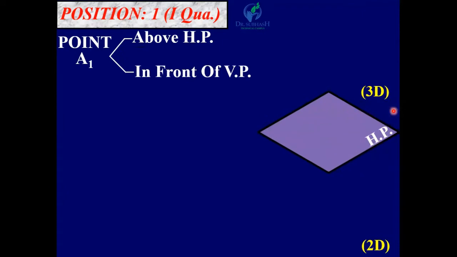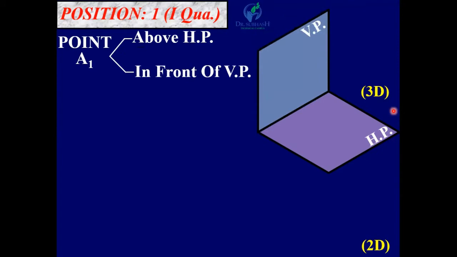This plane is known as the horizontal plane and this plane is known as the vertical plane. The intersection of these two planes is known as the reference line, denoted by the XY line, in both 3D and 2D.